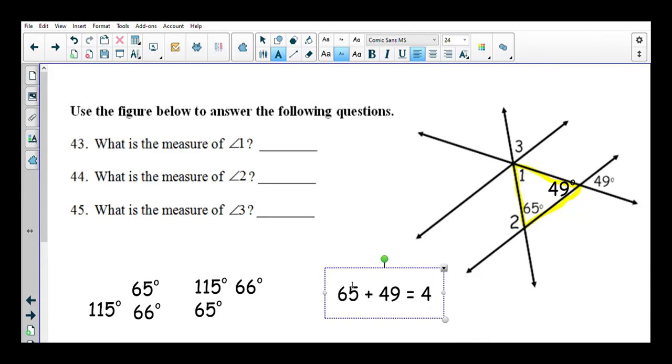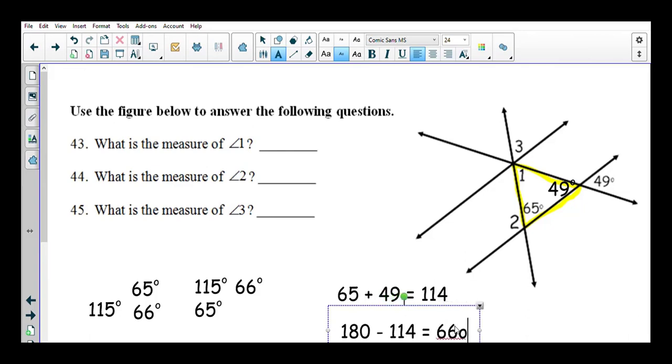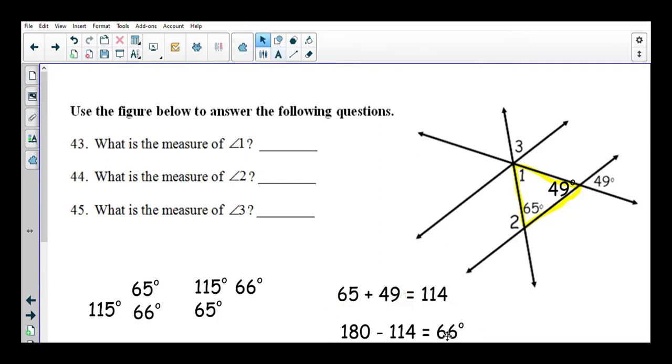Leave a 4, carry a 1. That's going to get us 114 degrees. And then take 180 minus 114 degrees. So that's going to get us 66 degrees for that missing angle measure. I'm going to make that a degree symbol. So angle 1 has to be 66 degrees.